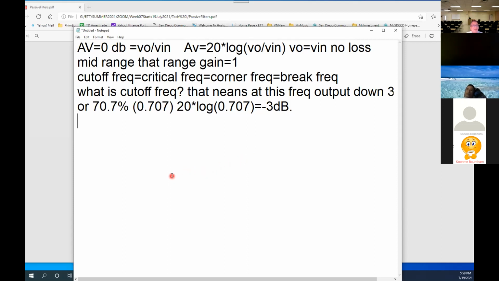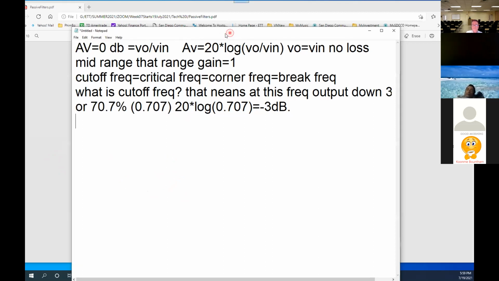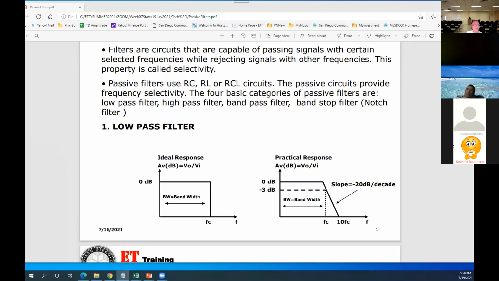Perfect. 0.5, one half for the power. However, for the voltage it will be 70.7%. Okay, does that make it clear for you guys? Now, put down one half for the power. We already did that.